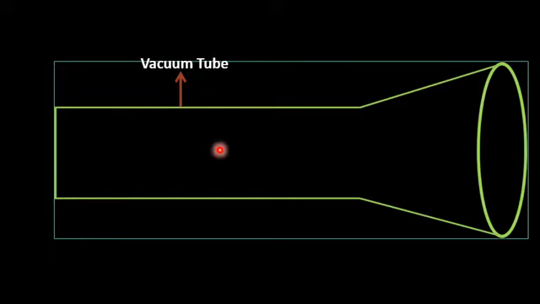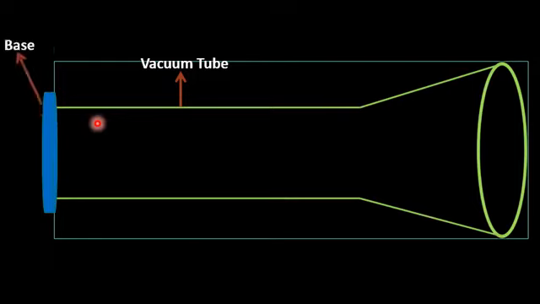The cathode ray tube is connected with an electric base, and the base is connected with pins. These pins are known as electric pins. The role of the electric pins is to connect the cathode ray tube with an electric potential.